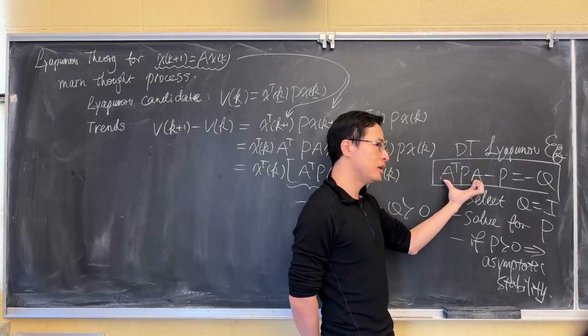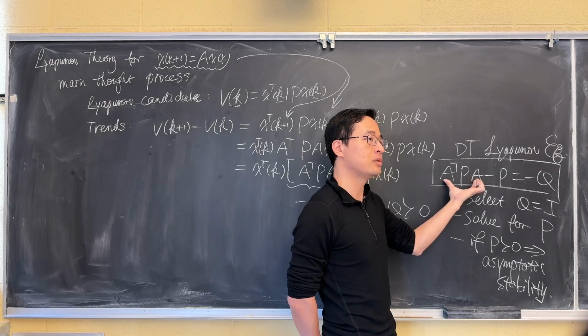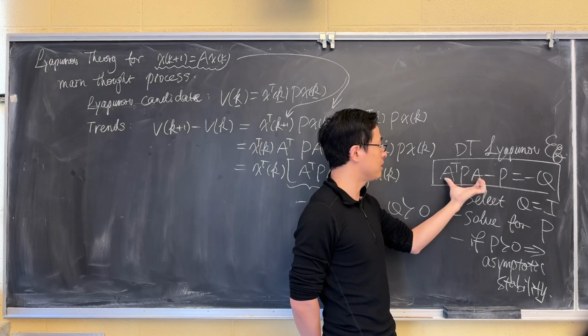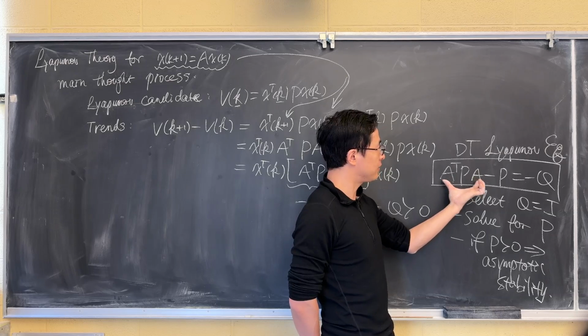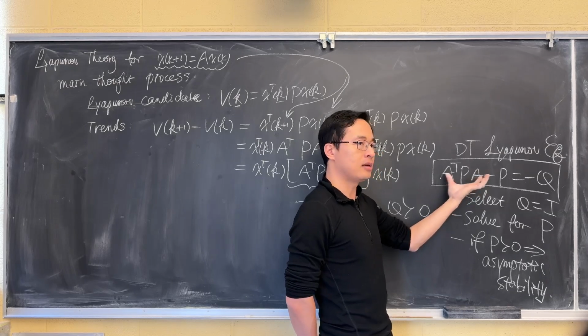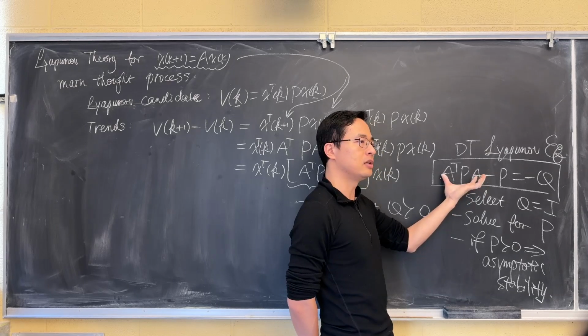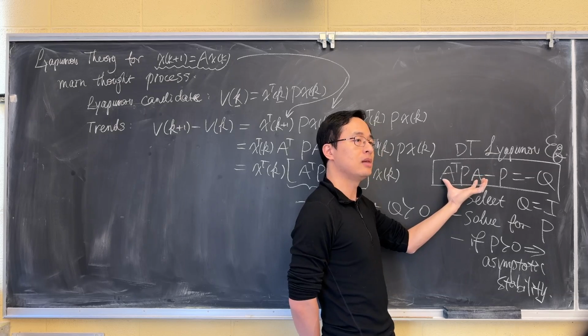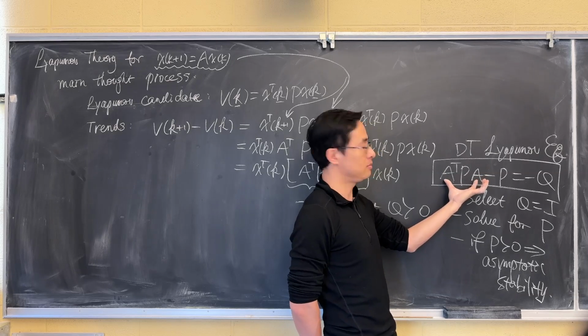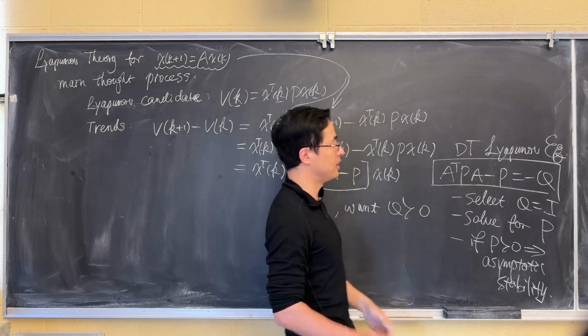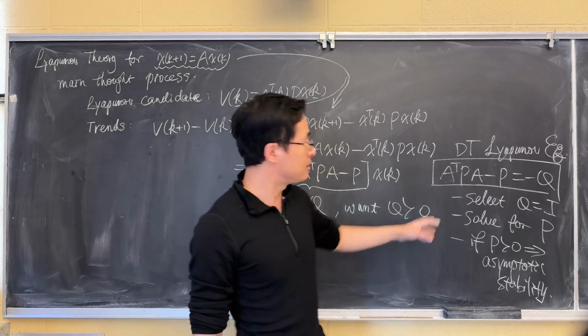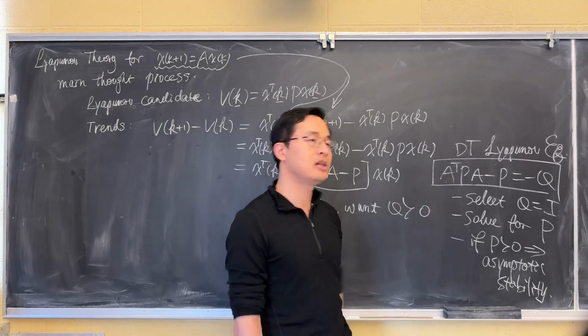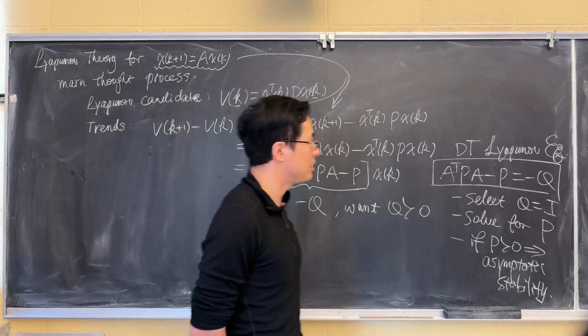This equation is not linear with respect to A. You can see A appears in this form. In this first term, you have to multiply elements of A, so you will have quadratic elements in A. That's different from the continuous time case. In continuous time, the Lyapunov equation is linear with respect to A, but the discrete time case is not.